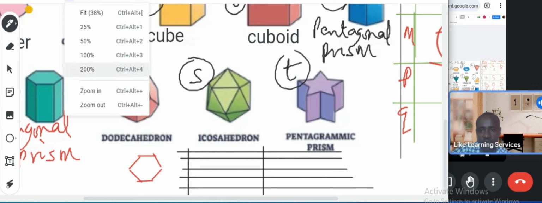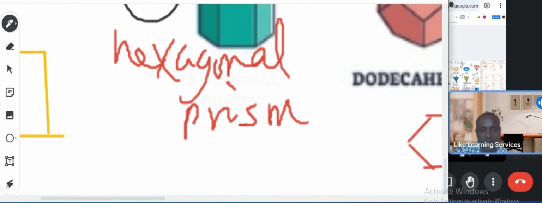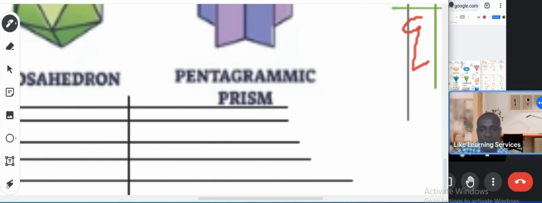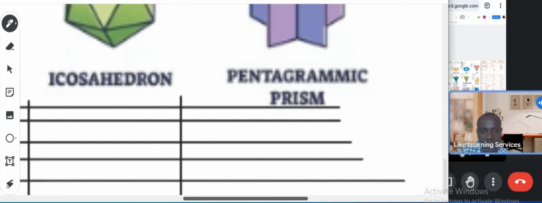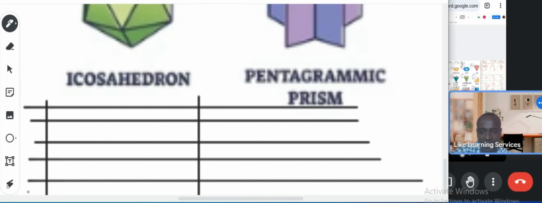Let me zoom it to 200 so I can appear better. All right, 2D shapes are, of course, plane shapes.